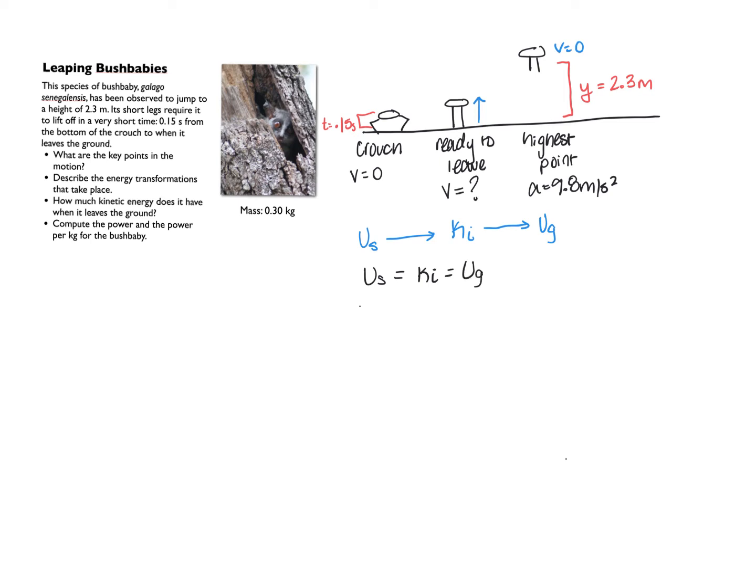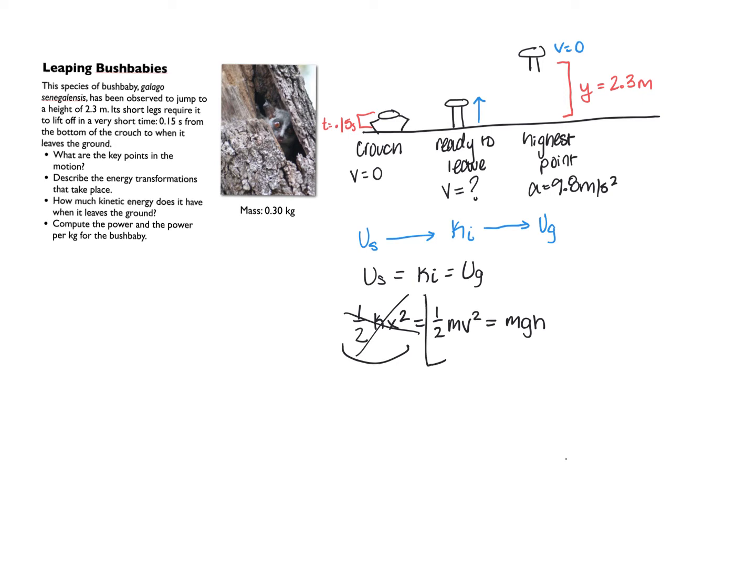Writing the equations out, I have 1/2 kx squared is equal to 1/2 mv squared is equal to mgh. I don't have anything about the spring piece, so I'm not going to use the spring potential energy. I know it's there, but I don't have to use it.